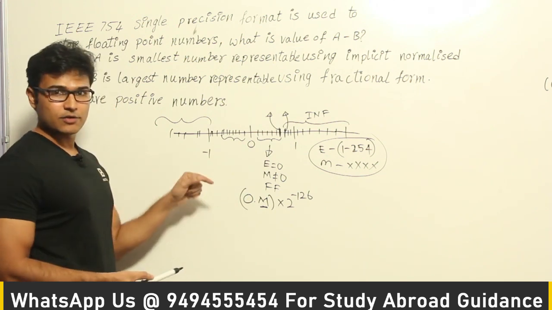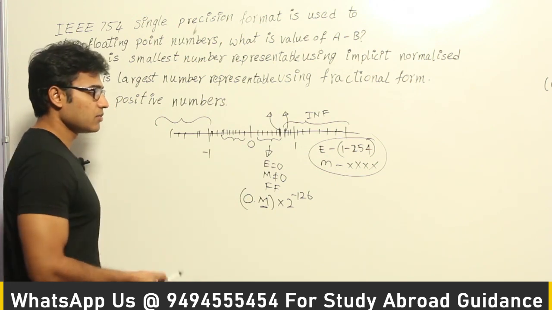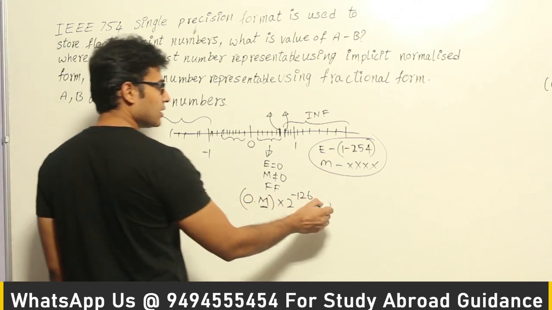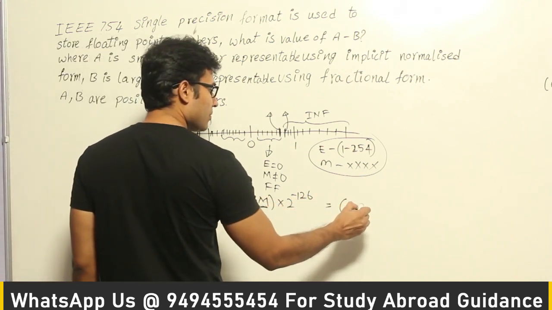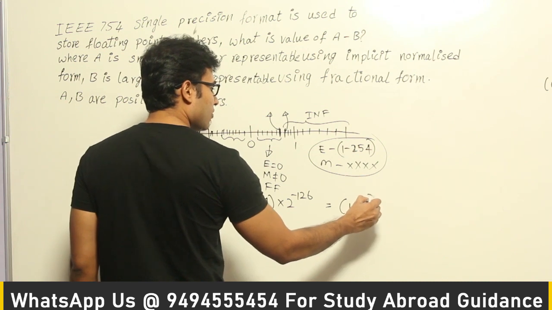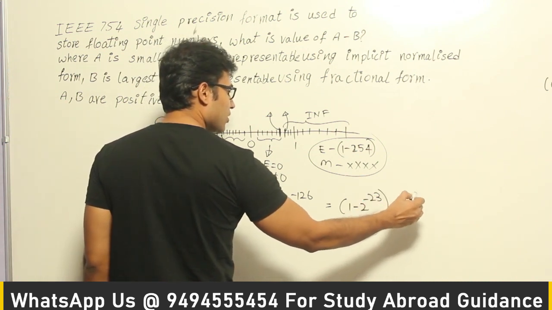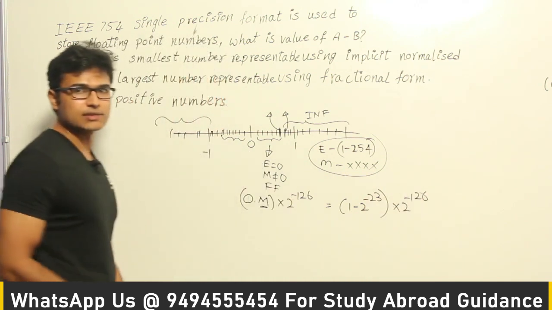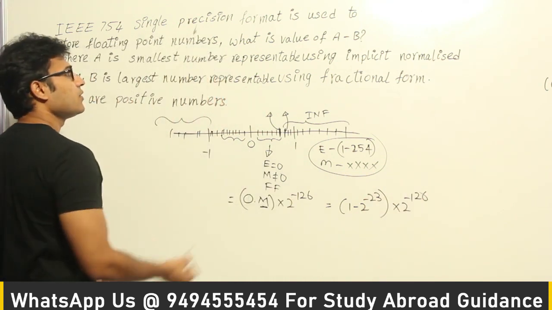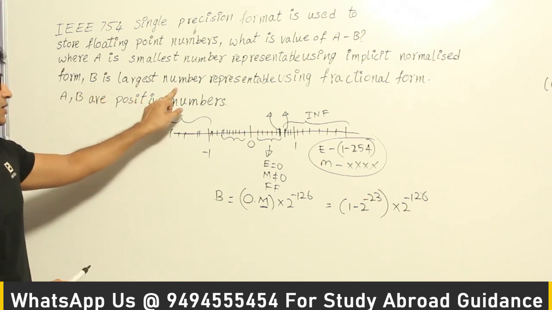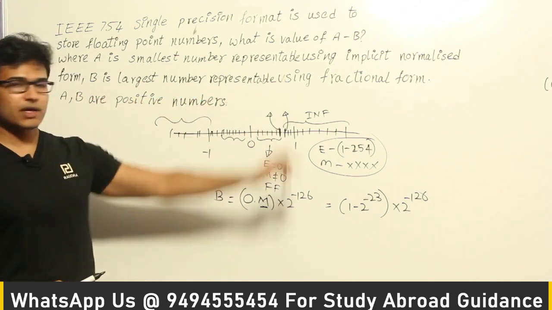In the previous example I have shown you that this number is going to be 1 minus 2 power minus 23, into 2 power minus 126. This number is what we are going to call b. So b is the largest number representable in fractional form.